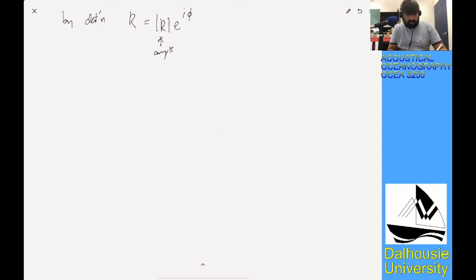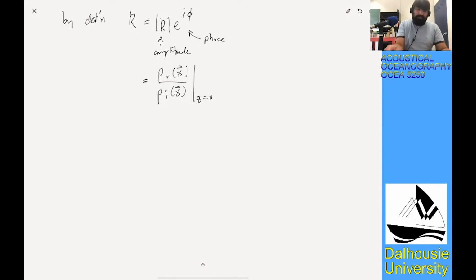Amplitude response and some phase response, right? And we can say that's going to be equal to PR over PI at z equals 0, so at the interface.